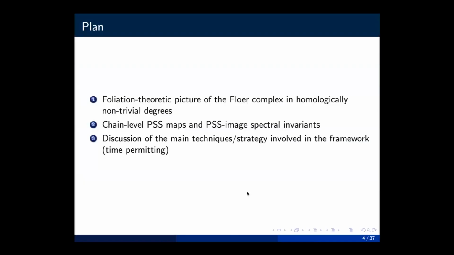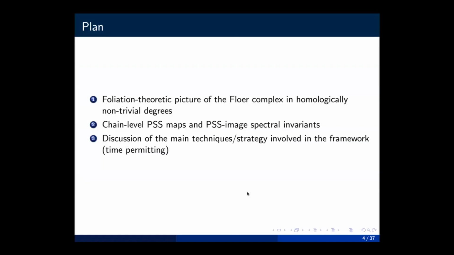So the broad plan: there are two sets of results that I want to talk about. The first is this foliation-theoretic picture of the Floer complex, using moduli spaces involved in defining the Floer complex to build up foliations of the associated mapping torus, and then get Calvez-type foliations, which I'll explain in a moment.